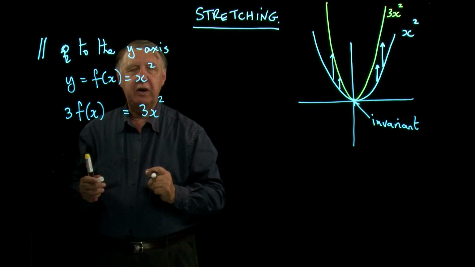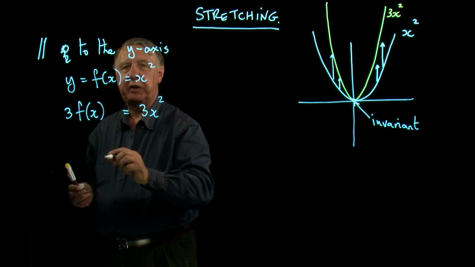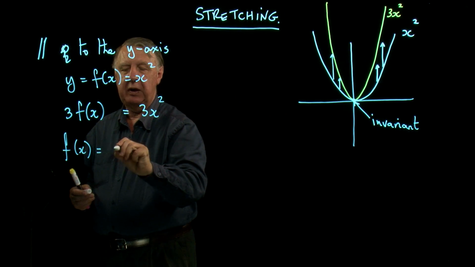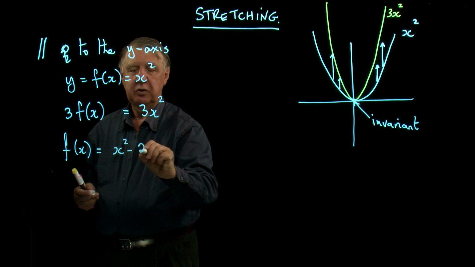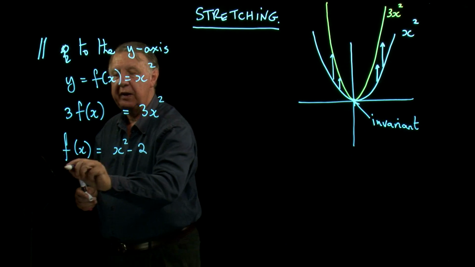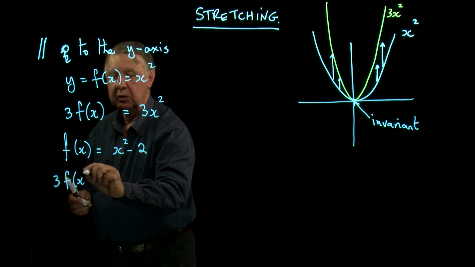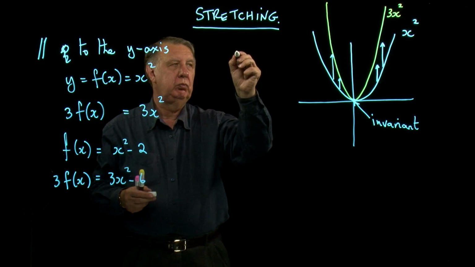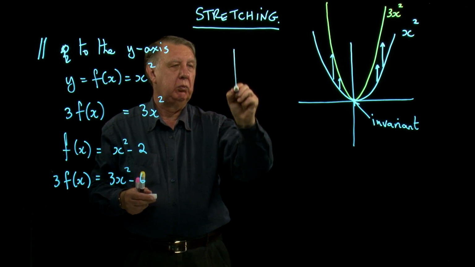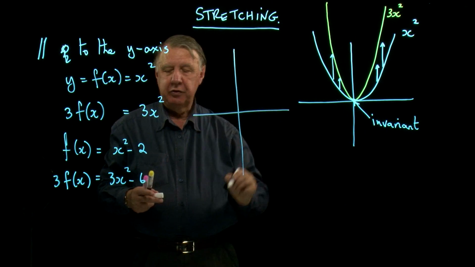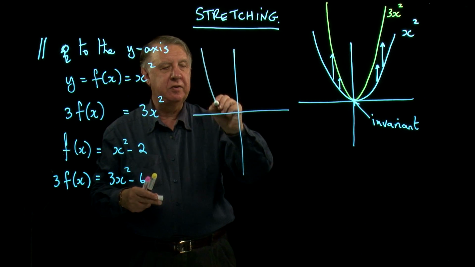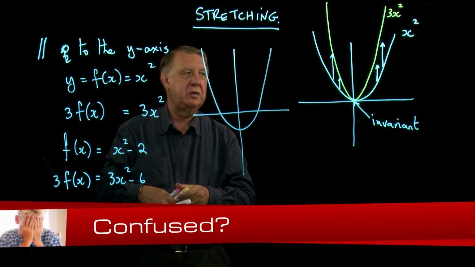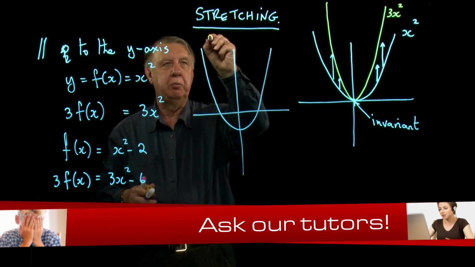And let's just try and emphasize this a little bit more, because if I had started with the function x squared minus 2, and then looked at 3 f of x, I would get 3x squared minus 6. So this time I'm starting with this. If you were to plot that, it does this.